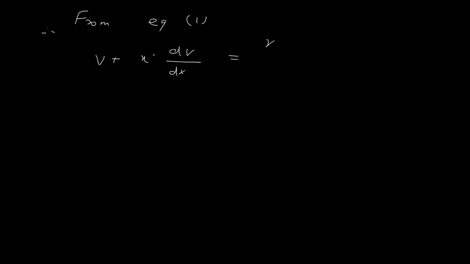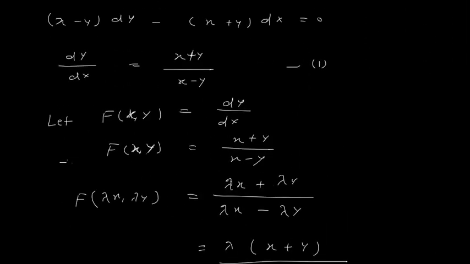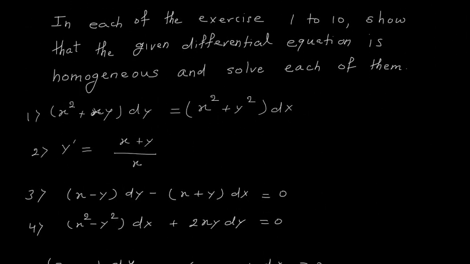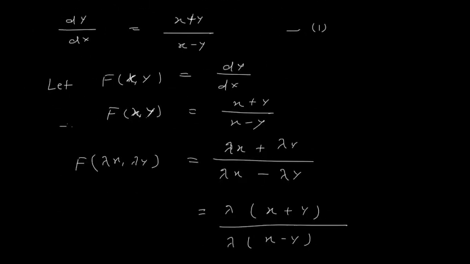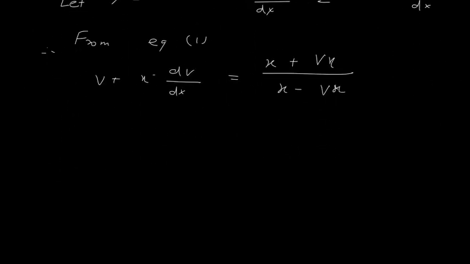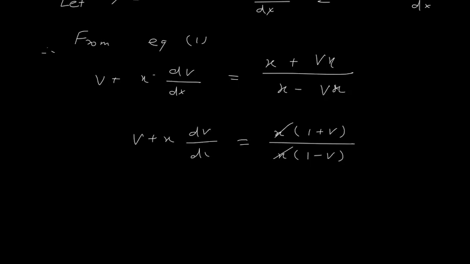So numerator x plus y is x plus v into x, upon denominator x minus v into x. Here you take x common, so you will get 1 plus v. In the denominator you take x common, you will get 1 minus v. This x will cancel.